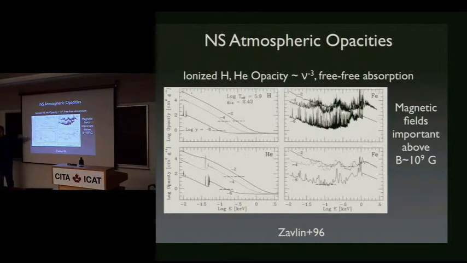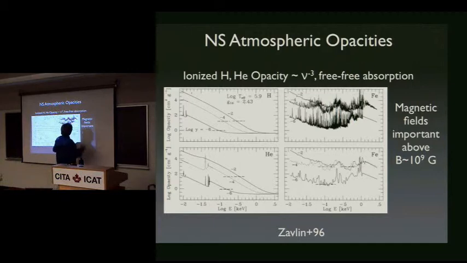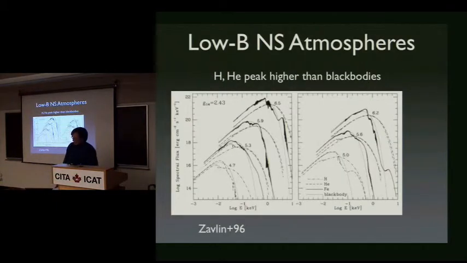And in more complicated atmospheres, you have all kinds of lines and such. So what does this mean in terms of actually looking at the atmosphere?